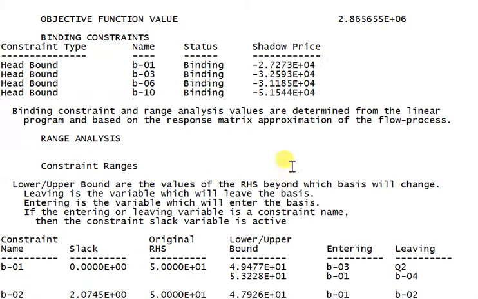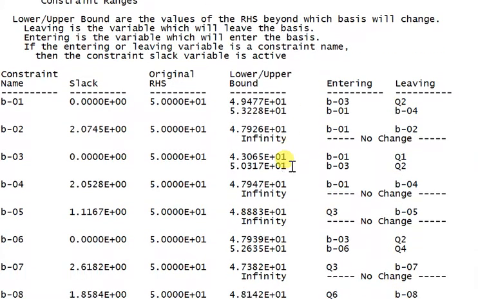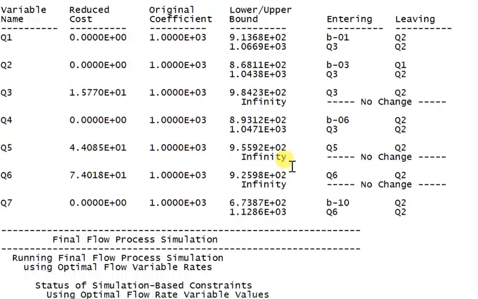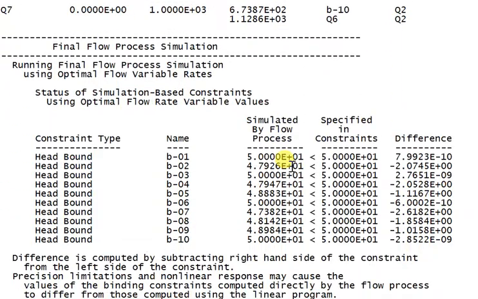These are advanced topics and will be discussed in a future episode. Skipping ahead to the final flow process simulation, GWM uses the optimal flow rate variables to do a final run of the simulation. The reason for this is that the optimization problem was solved using the response matrix, which is an approximation of the true response.